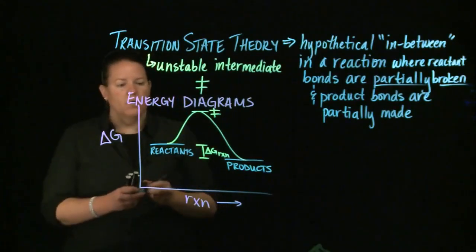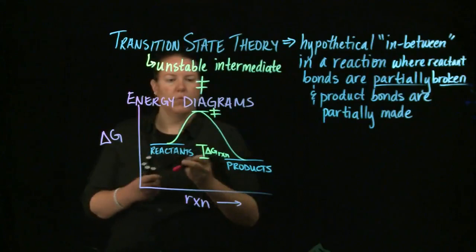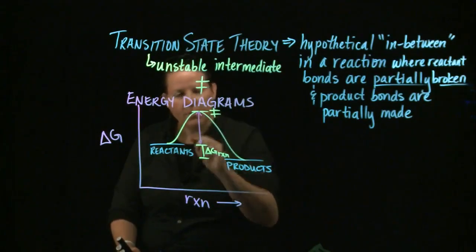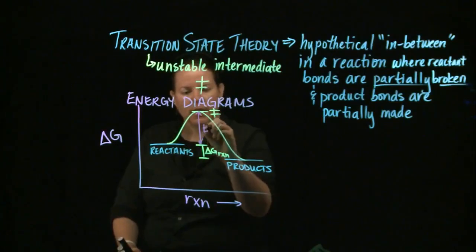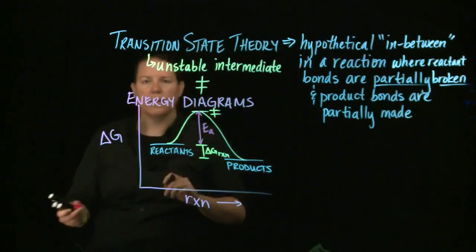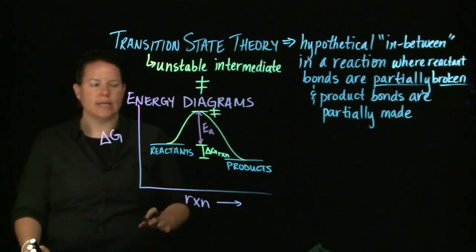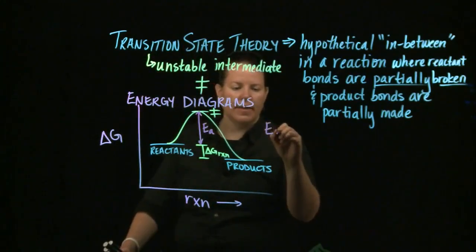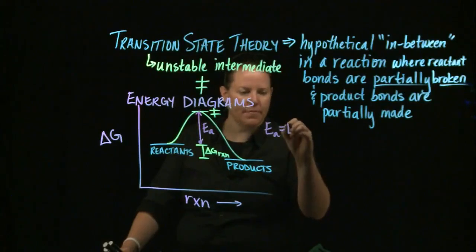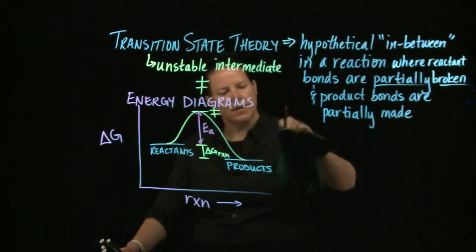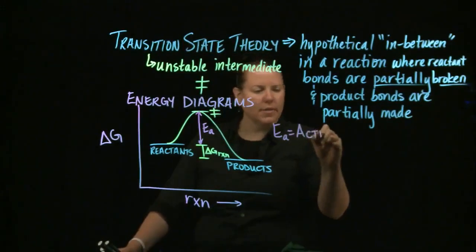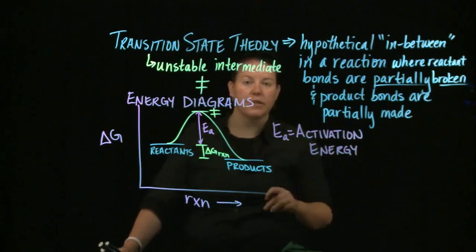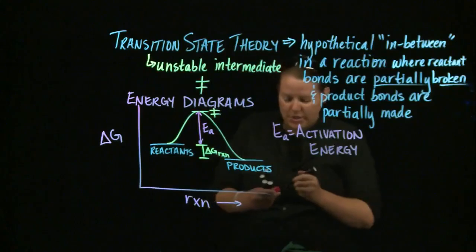All right, so in this case, what is this right here? That's the amount of energy it took to get to the transition state, and that amount of energy is called the activation energy. It's the amount of energy to activate the reaction.